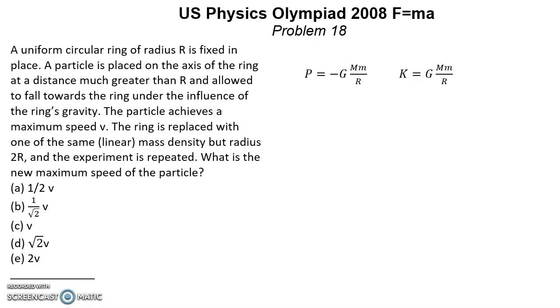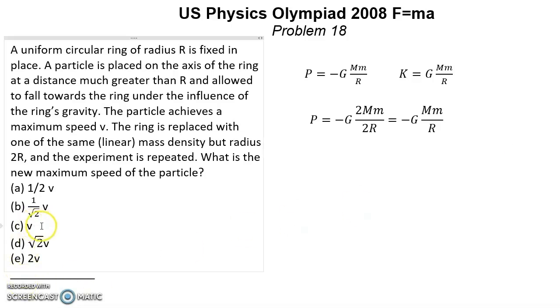So the expression for potential energy will be like this: we double mass, we double radius, they cancel each other, and potential energy will be the same. It means that the particle will get the same kinetic energy, which means that the maximum speed will be the same. So the correct answer is C.